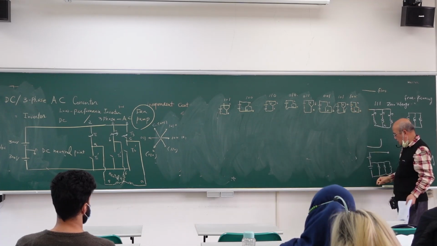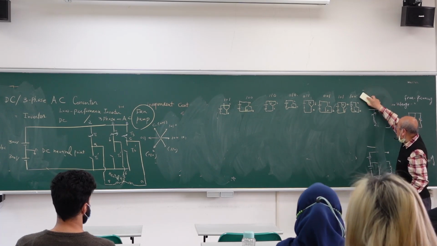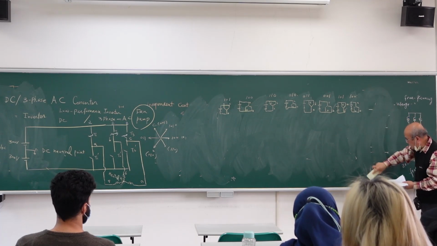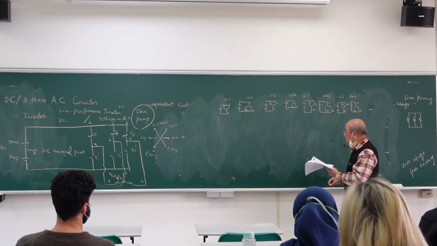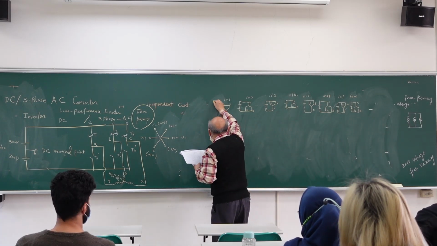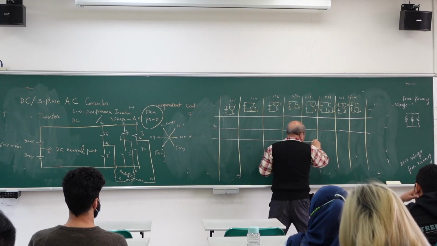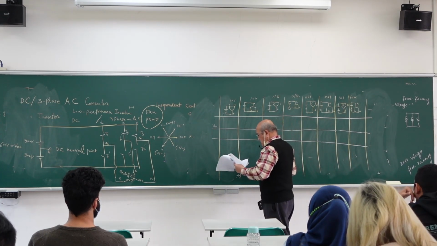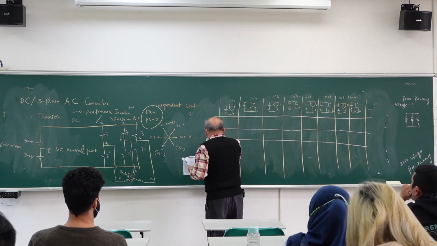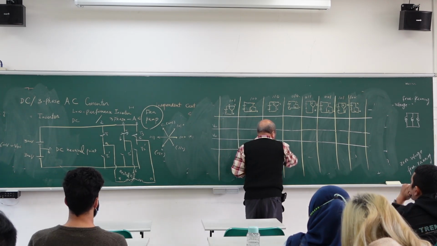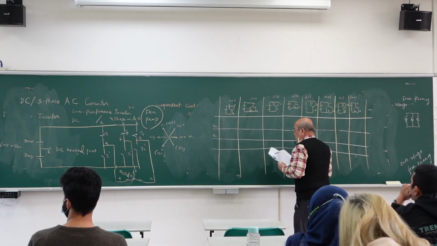So we draw each state. So we have the state like this. Then we want to draw the next one. And then next one, VB0. And the next one, VC0.